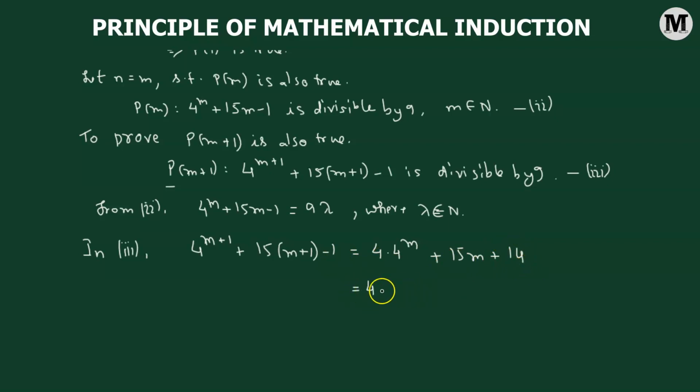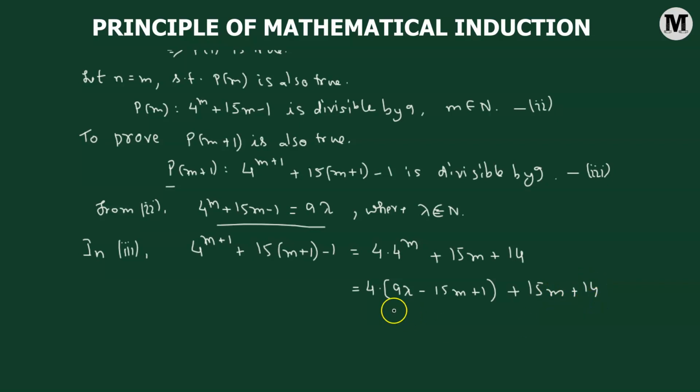This is equal to 4 multiplied by 4 raised to the power of m. We can replace 4 raised to the power of m with 9 lambda minus 15m plus 1, added to 15m plus 14.